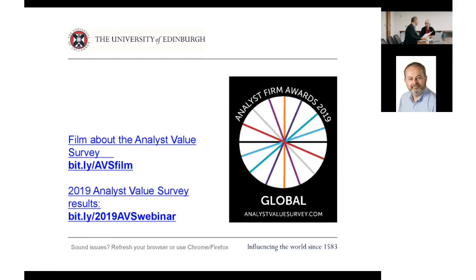In terms of the analyst firms, yeah, we do communicate to the analyst firms that win awards that they win awards. With some analyst firms, it's really straightforward. Last year, for example, we were able to host the dinner where 14 out of the 16 firms that won awards came along and collected their awards from us.